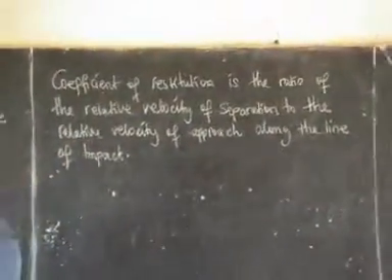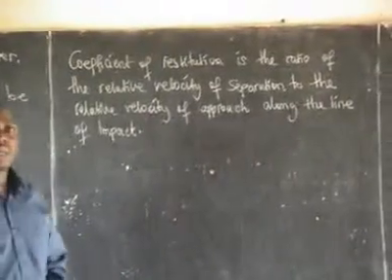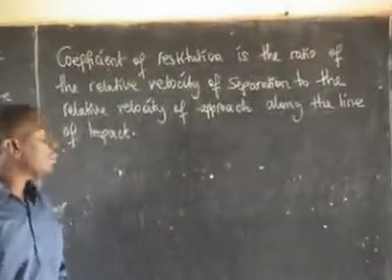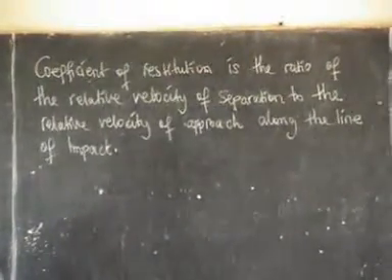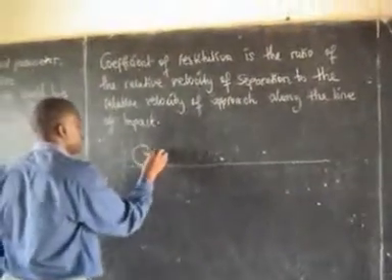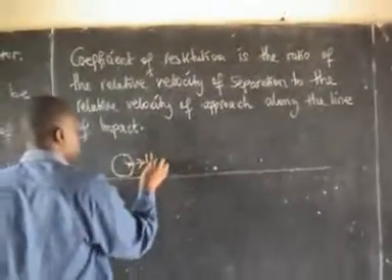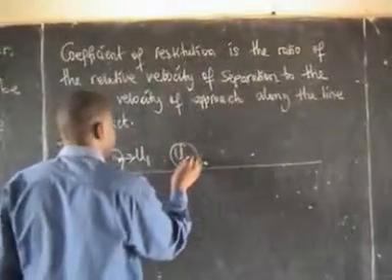By definition, it is the ratio of the relative velocity of separation to the relative velocity of approach along the line of impact. Two bodies are moving at velocities u1 and u2.